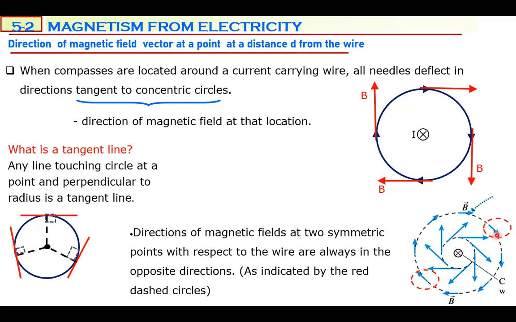Here, the magnetic field at that point is to the right, but here it is to the left. At this point the magnetic field vector is up, but the symmetric point is down. So as you see, at opposite points of a wire, the directions of the magnetic fields are opposite.